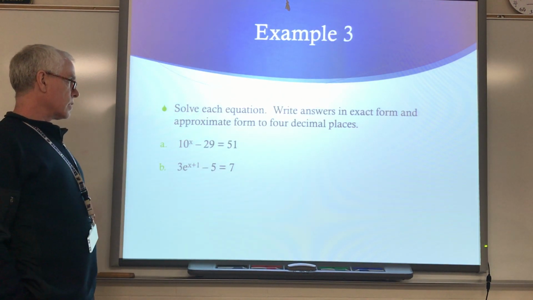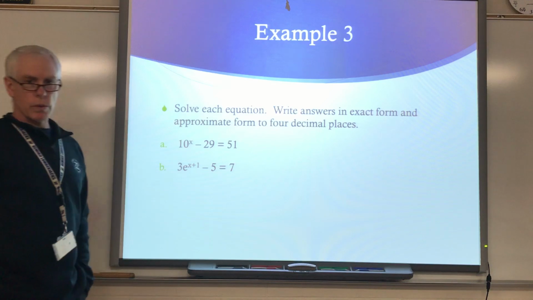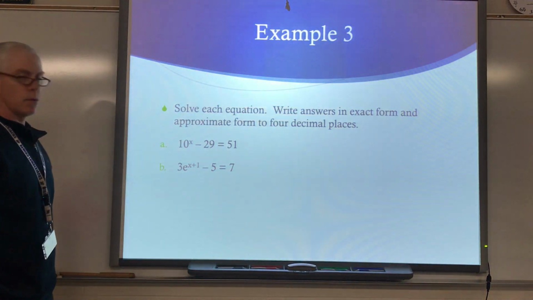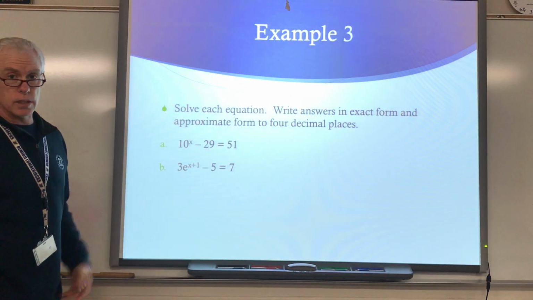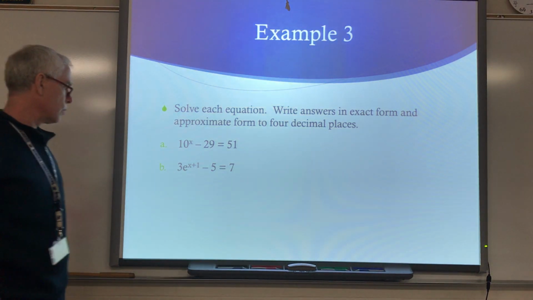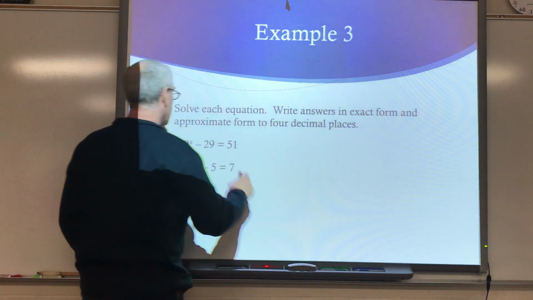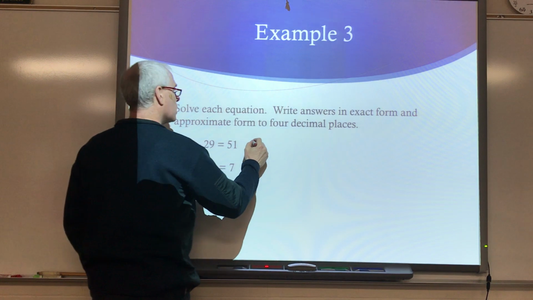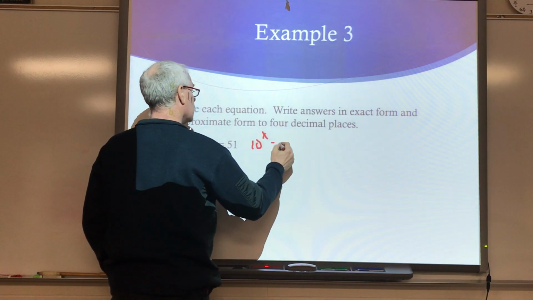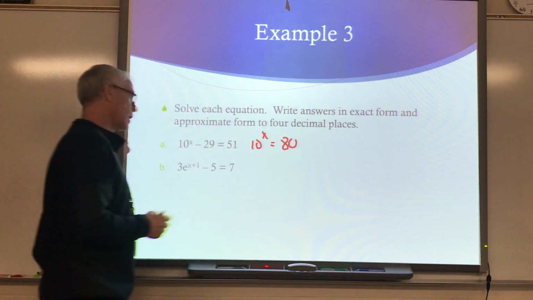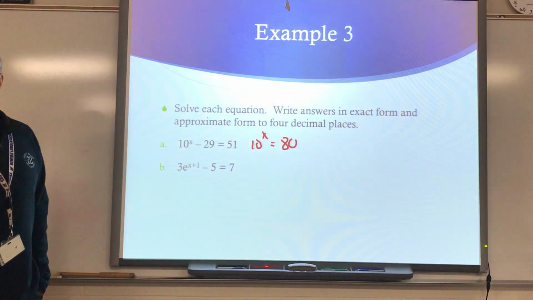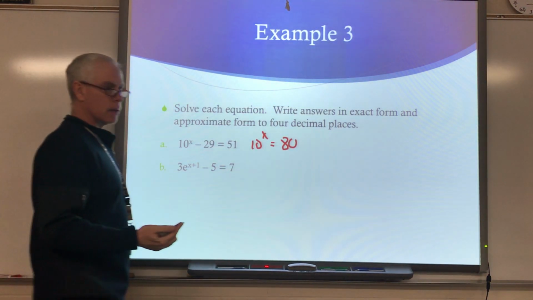Solve each equation, right? Answers in exact form and approximate form. So what we want to do here is we want to get the exponents by themselves so that I can use logs to undo them. So I've got a little bit of algebra to do first. Okay, so step one on this one, I'm going to add 29 to both sides, and I'm going to have 10 to the x equals 80. Okay, and then how do I undo 10 to a power? Well, I take the common log of both sides.